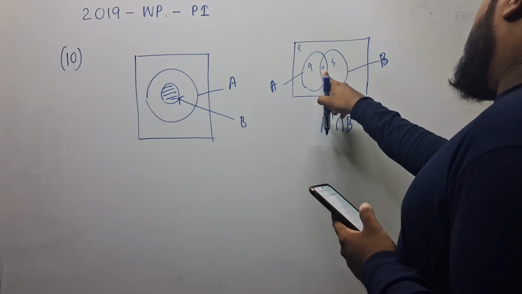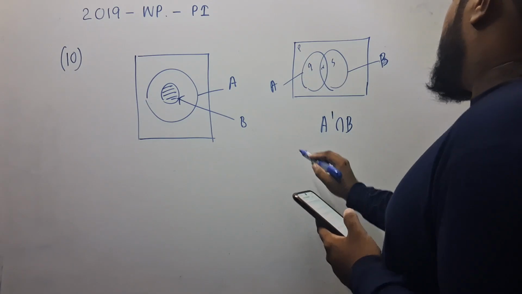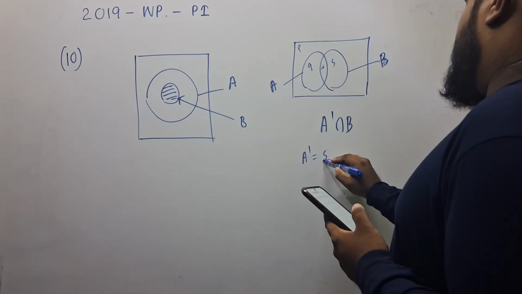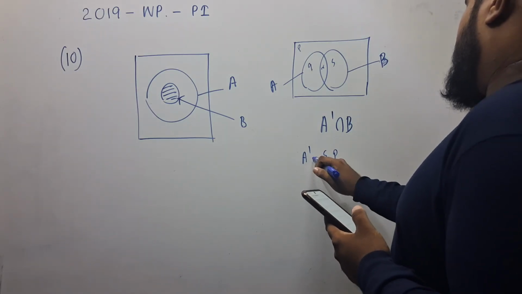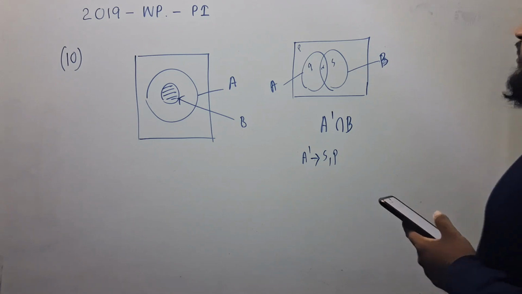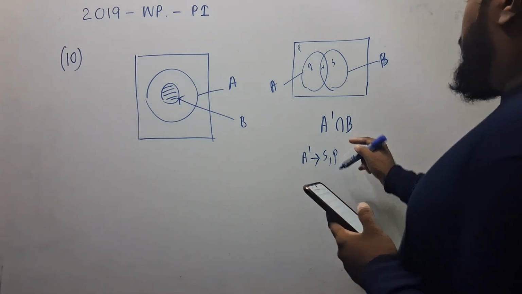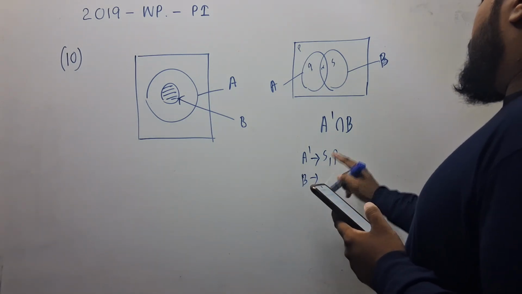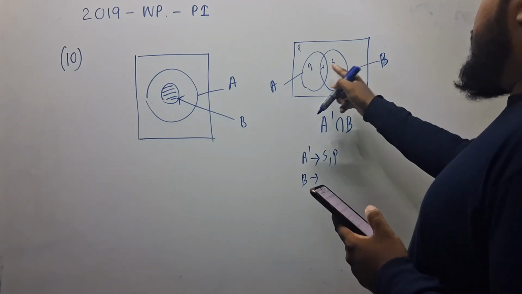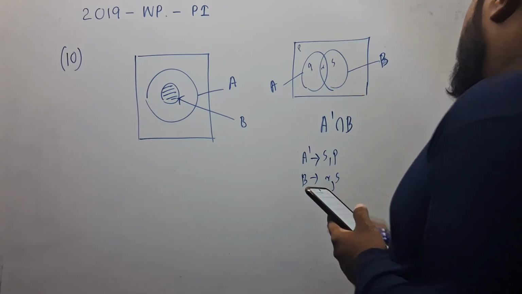A is Q and R, so A dash is S and P. Then I find B. What is B? R and S.